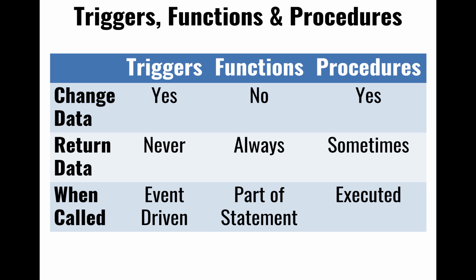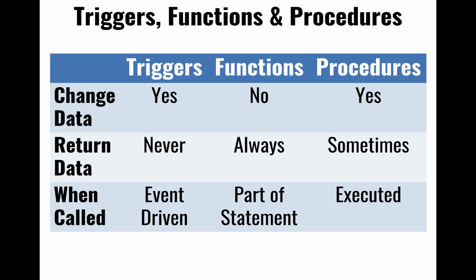You can pass in variables and parameters. They can read data, and then they can also return some values, either as selects, as tables, as views, or as actual variables that are passed in by reference. Typically, triggers are called event-driven, if there's a select, an insert, an update, a delete.